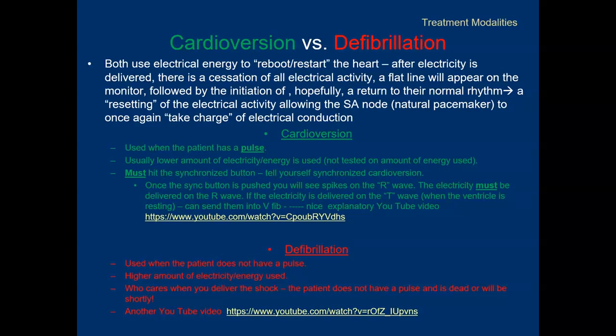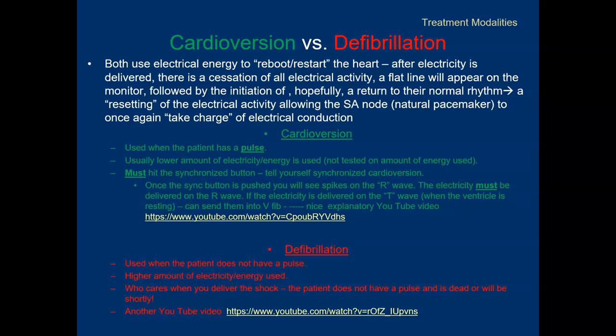If you think again about the beeps and blips and bumps on the EKG rhythm, the P represents atrial depolarization, or when the atria are working. The QRS represents when the ventricles are working. That's when we want the electricity to be delivered, during ventricular depolarization. So on that R wave, why the R wave?